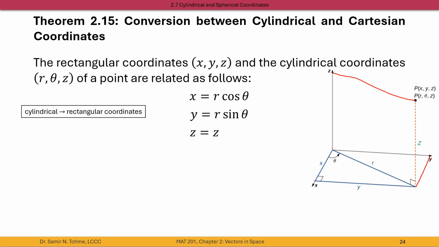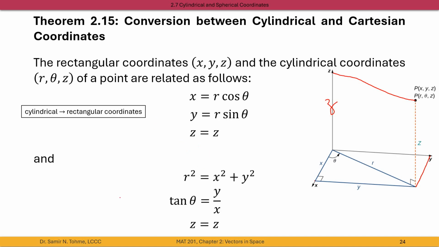The z coordinate for this point is given from the origin to this projection, which is the same as saying from this point to this point. Both are z, since this is a square or rectangle and the opposite sides are the same. So z is equal to z.